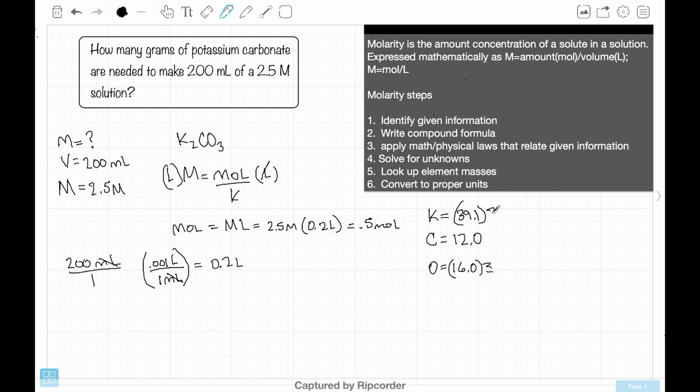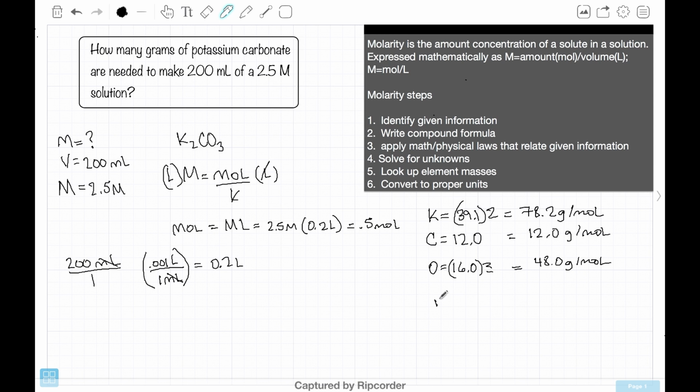So the total potassium is 78.2 grams per mole. I'll just write carbon again. It's 12.0 grams per mole. And for oxygen, we have 48.0 grams per mole.